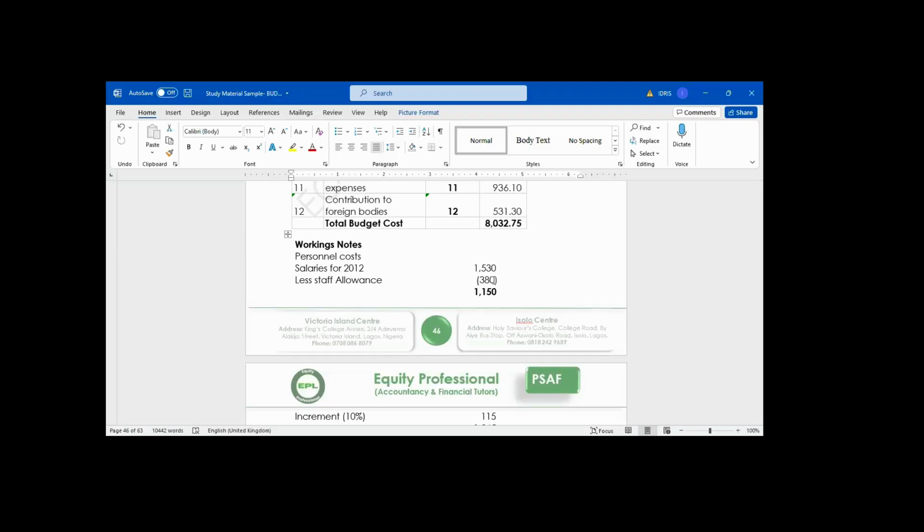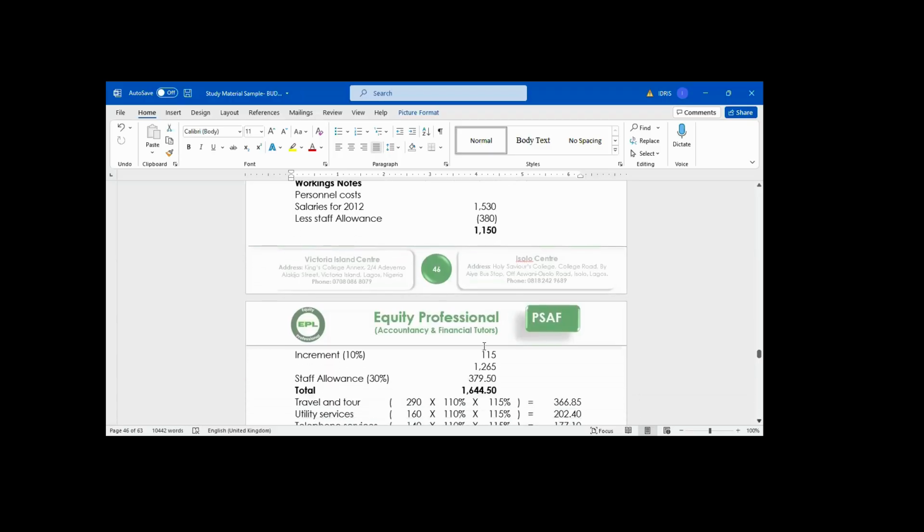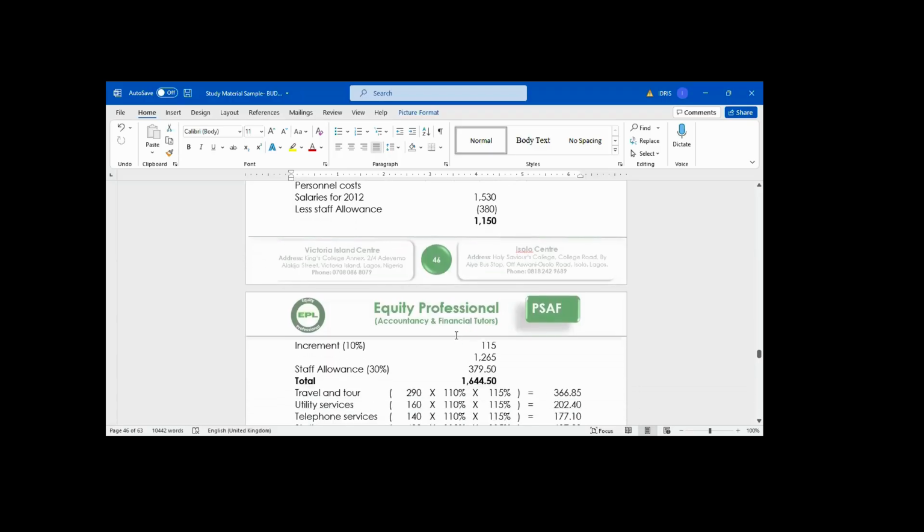1,150,000,000. This 1,150,000,000, you now add 10% increase of it.